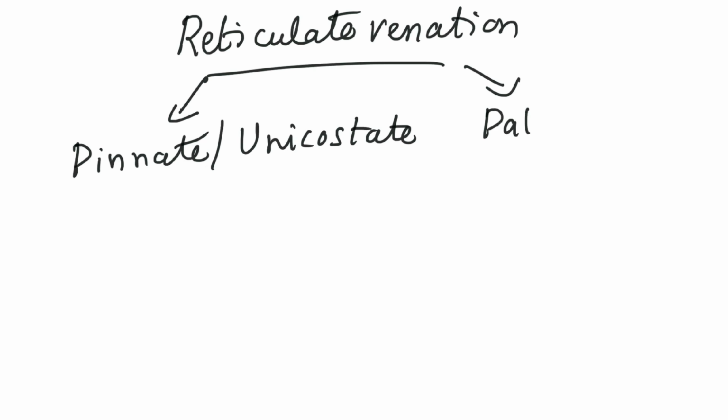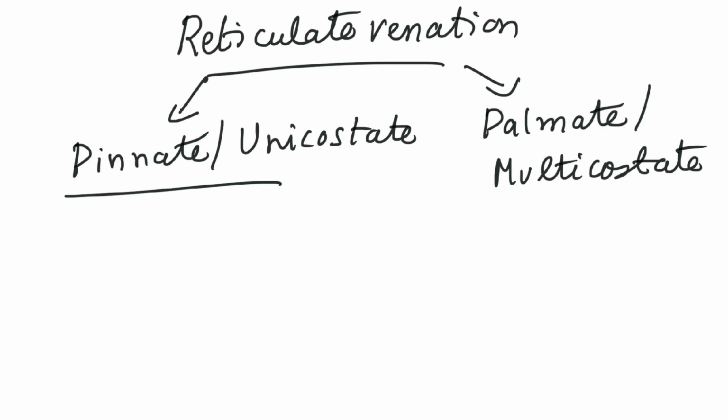And we'll be beginning with pinnate. Pinnate is in a manner a standard case, in the sense that it's seen in a lot of cases. From the diagram itself, we can get an understanding of what we are dealing with.